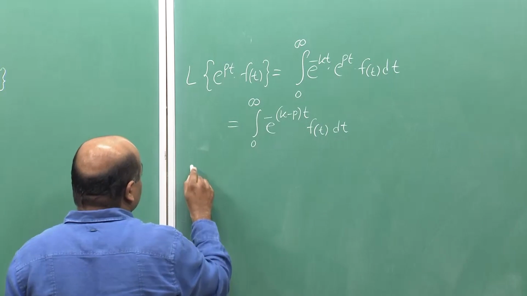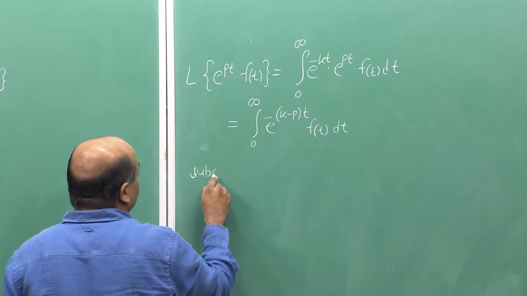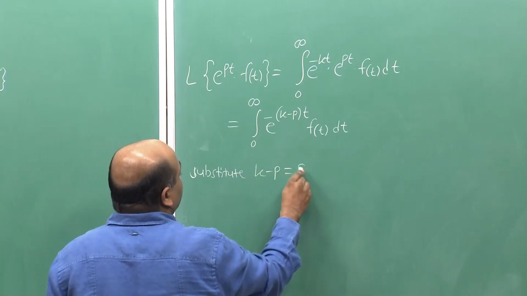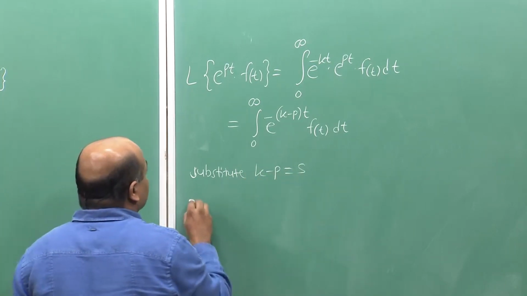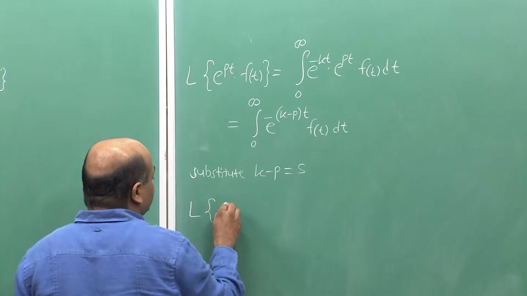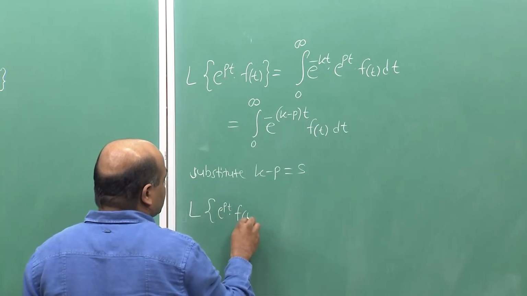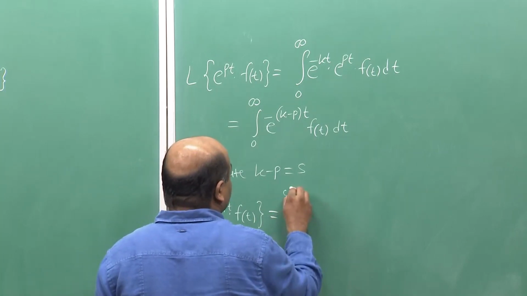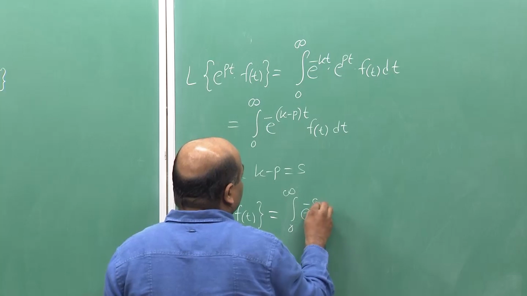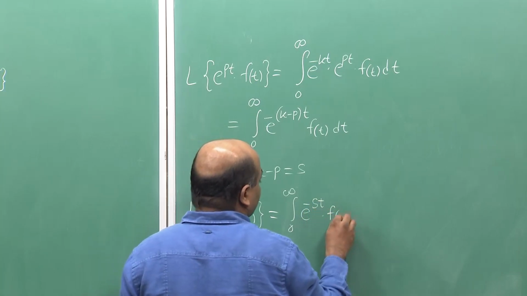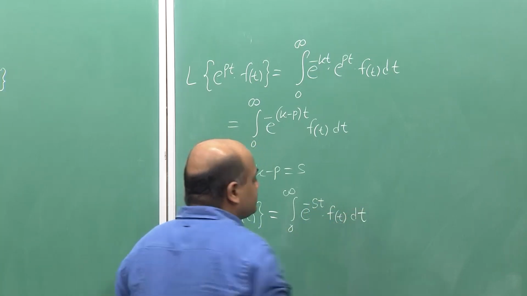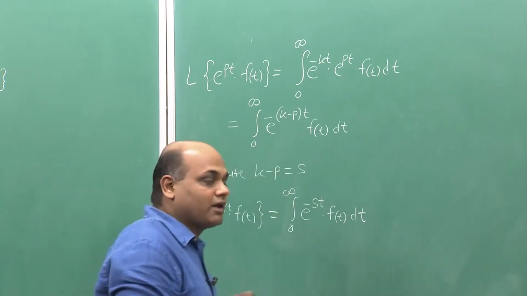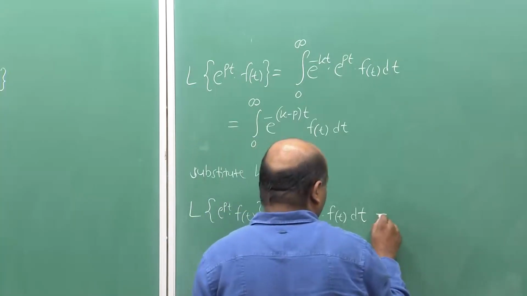and if we substitute k minus p equal to s, we get L of e to power p t times f of t is equal to integral 0 to infinity e to power minus s t f of t dt, and this is nothing but again a similar expression to the Laplace transform of f of t.